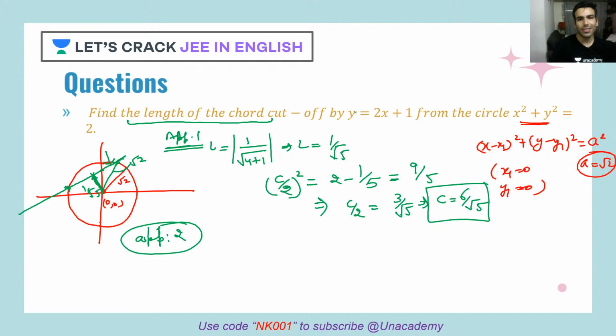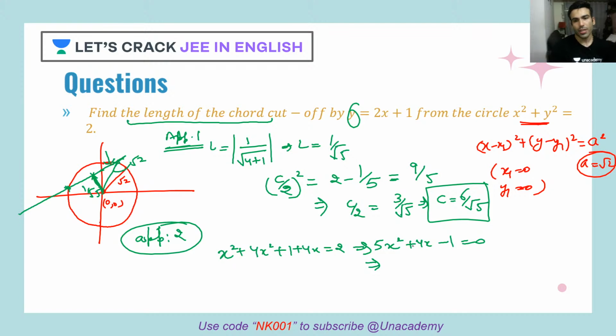I'll just put the value of y from here in this equation. So what do I get? x square plus 4x square plus 1 plus 4x is equal to 2. So I get 5x square plus 4x minus 1 is equal to 0. I can find out the roots.